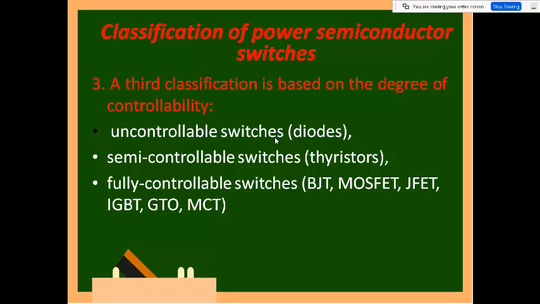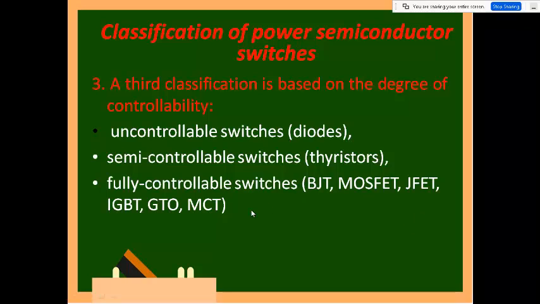Till 0.6 it will be off. In semi-controlled switches, I have told you, all types of thyristors like NPN, PNP, you can only turn on, turn off is not possible.